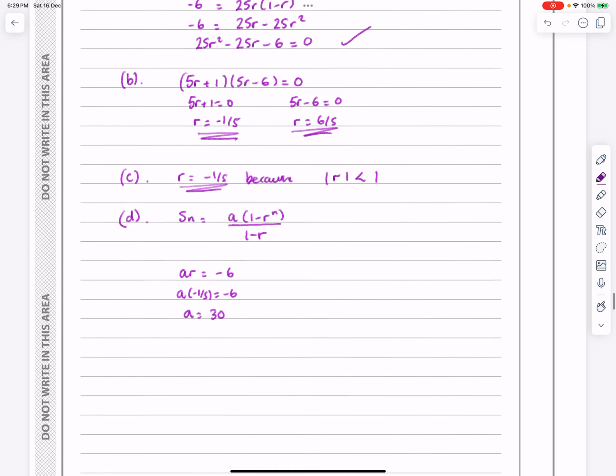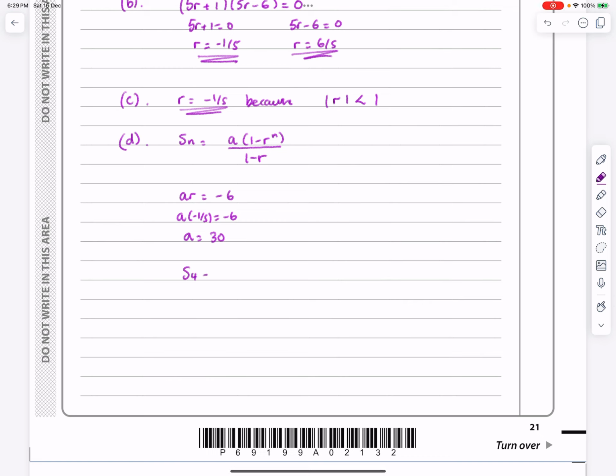So now S4 is going to be a, which is 30, times 1 minus r, minus a fifth, to the n, which is to the 4, all over 1 minus minus a fifth. Just take your time to put that all in.